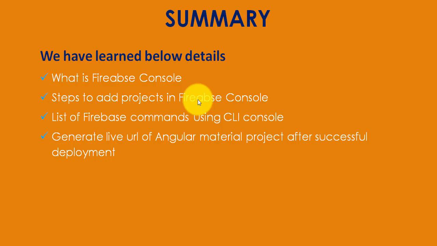This is the final session of the Angular Material COVID-19 project, and we have generated our live URL. Before going through this session, please visit the last two video sessions on Firebase that I have already shown you earlier.